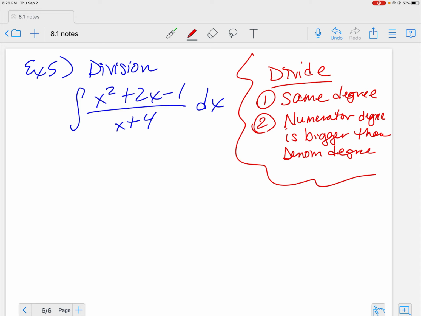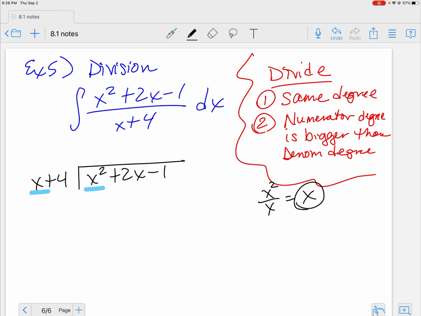So divide. We're going to come off to the side, and I'm going to have x plus 4 divide into x squared plus 2x minus 1. The same process applies. You are looking at those first terms. Do your division: x squared divided by x is x.